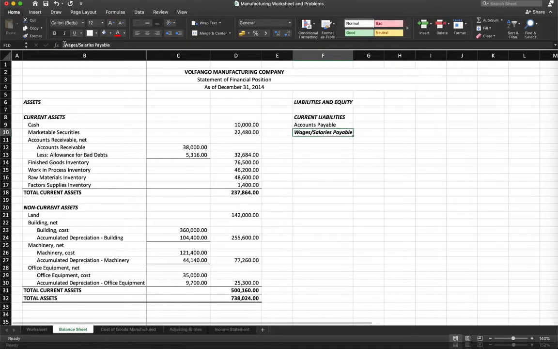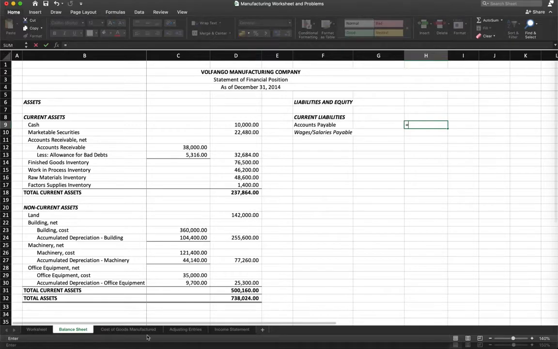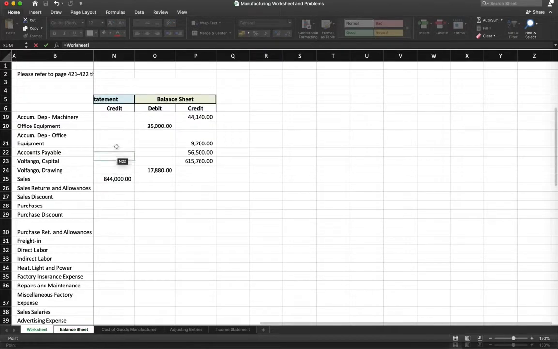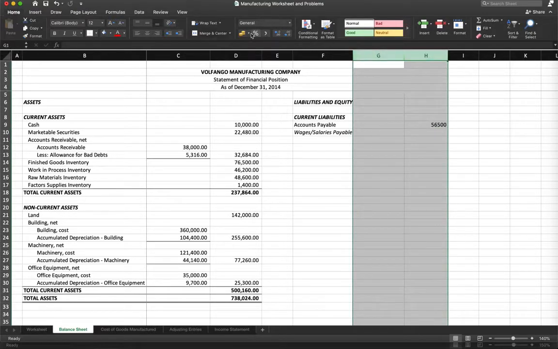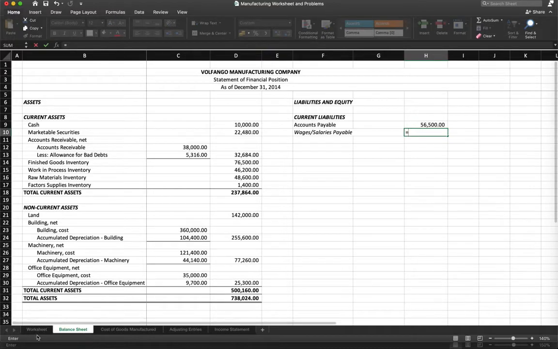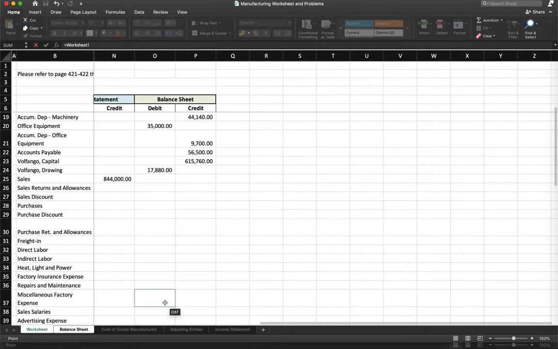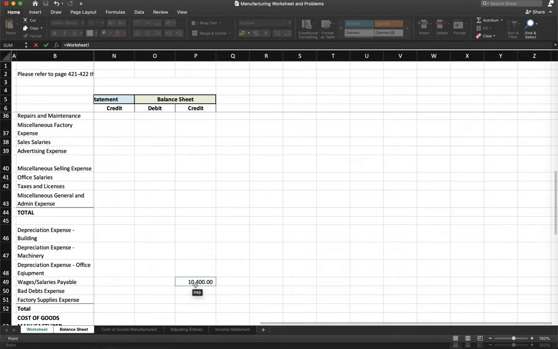Magkano wages payable natin? Accounts payable muna, 56,500. And then, wages and salaries payable, magkano? Sa baba. 10,400.